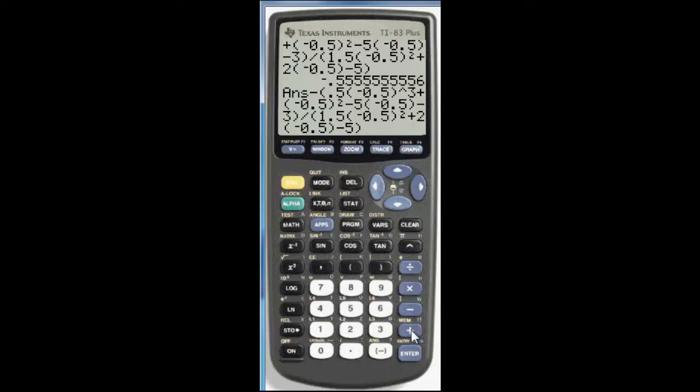So put in second answer, delete the rest of the 0.5, go to the next one, second answer, delete, delete, delete, and do this for all of the negative 0.5s.